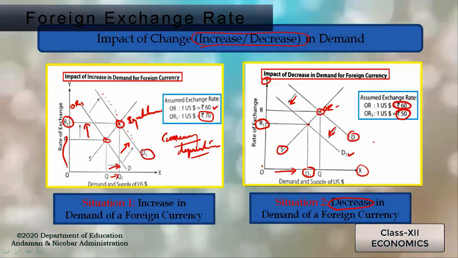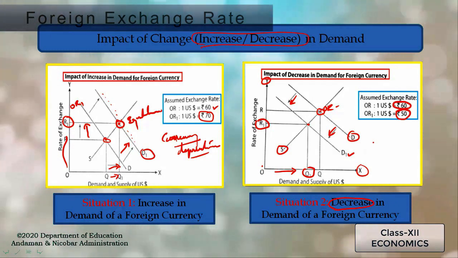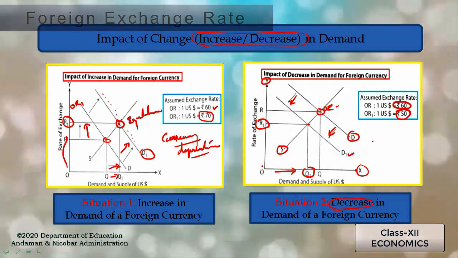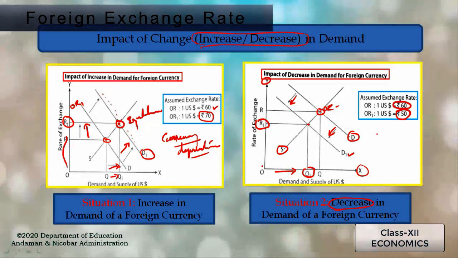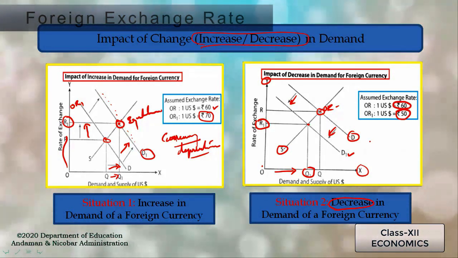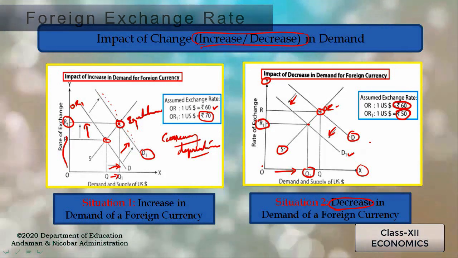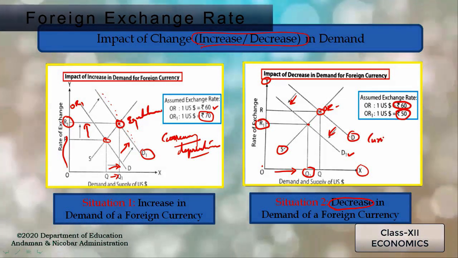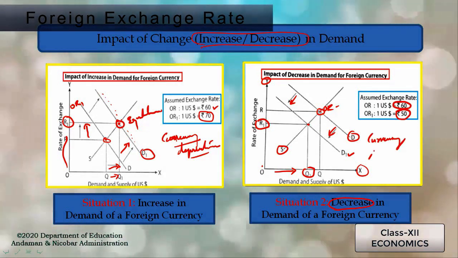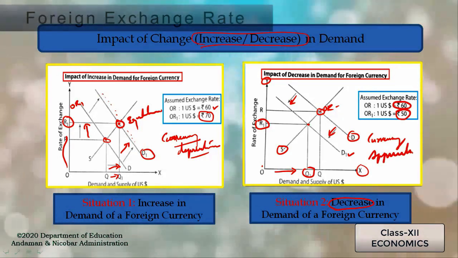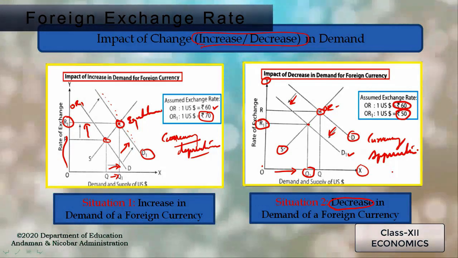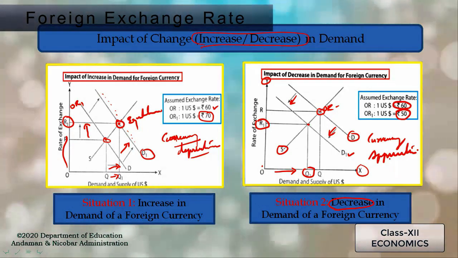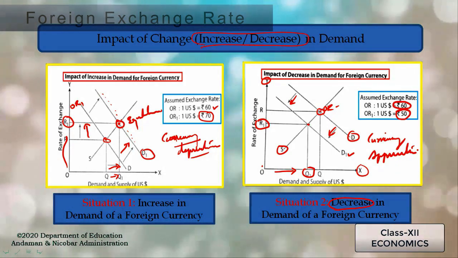So here we can see that the value of the domestic currency has increased. That means the situation is called what? The currency appreciation. So this is the impact of a decrease in demand on the exchange rate.